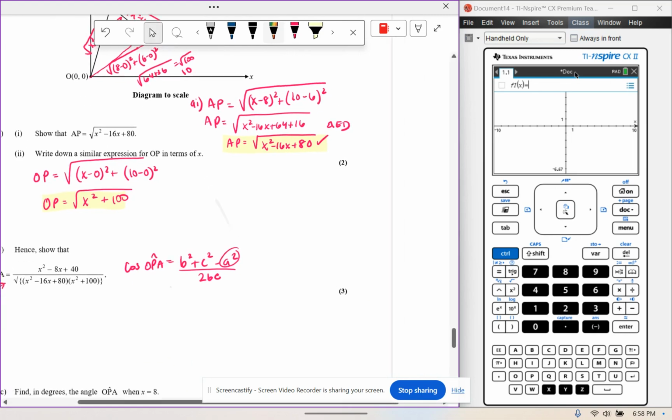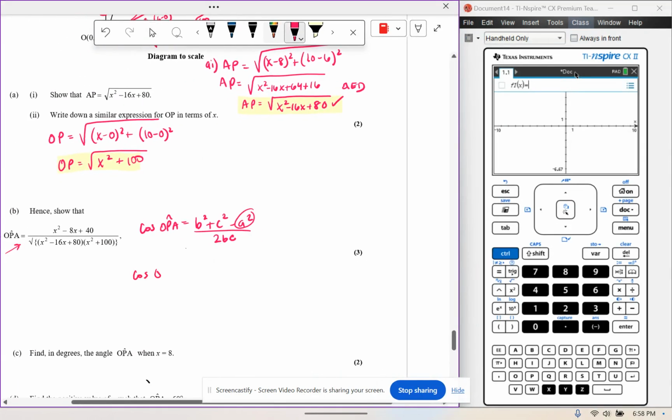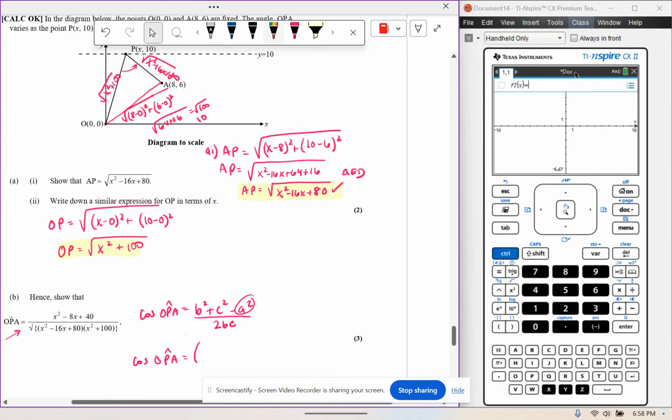Okay, so now the cosine of OPA is equal to, and I've got the two sides being squared, so the square root of x squared plus 100, squared, plus, this looks nasty, the square root of x squared minus 16x plus 80, squared, minus 10 squared.